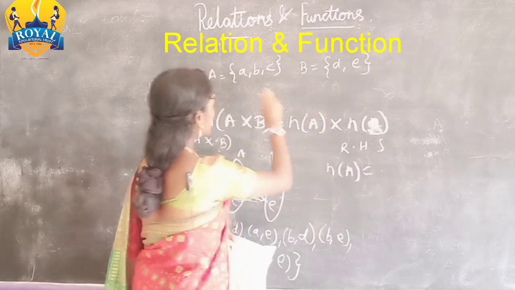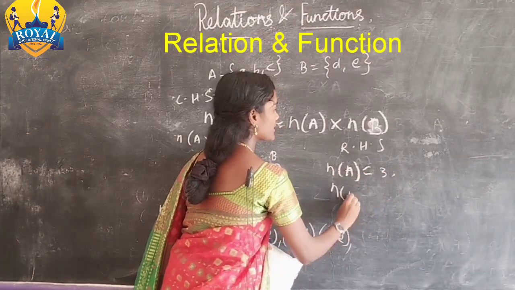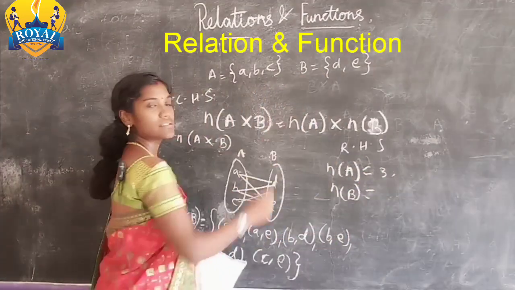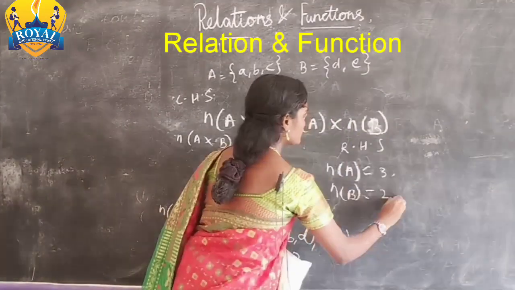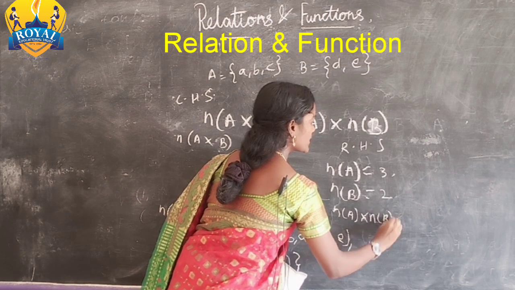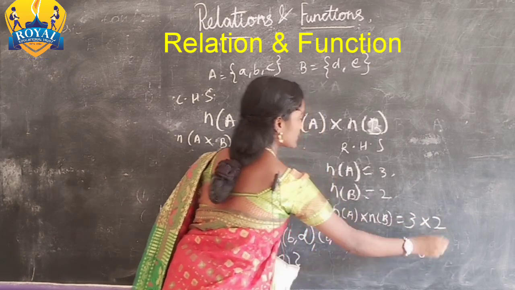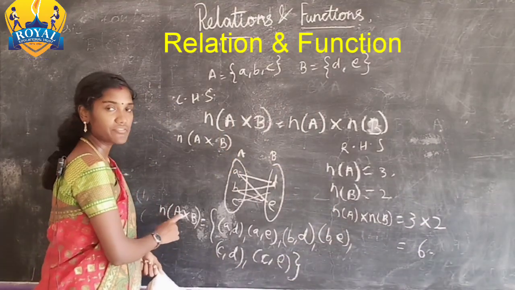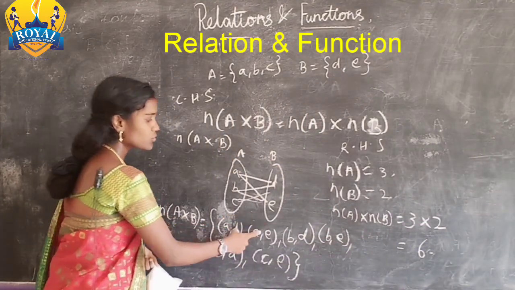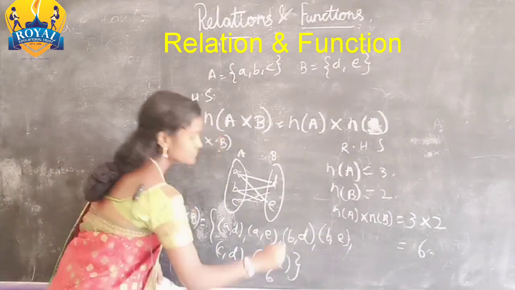Right hand side, n of A. How many elements are in A? 1, 2, 3. N of B, how many elements are in B? 1, 2. So, n of A into n of B means 3 into 2. 3 twos are 6. The number of elements in A cross B is 1, 2, 3, 4, 5, 6.